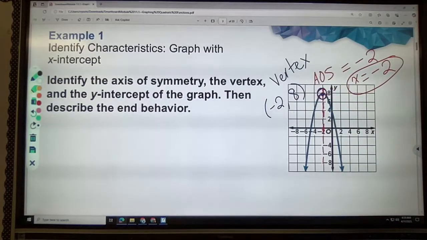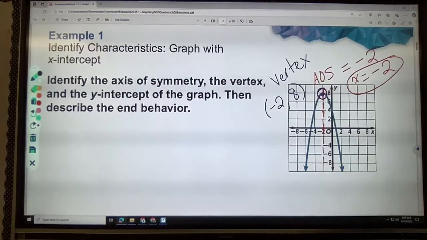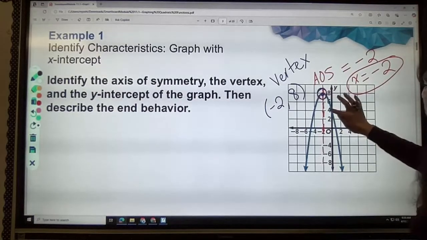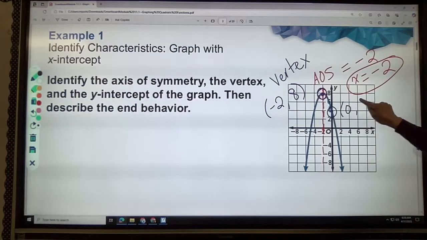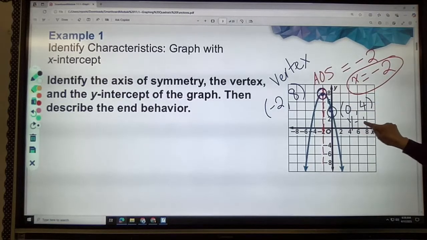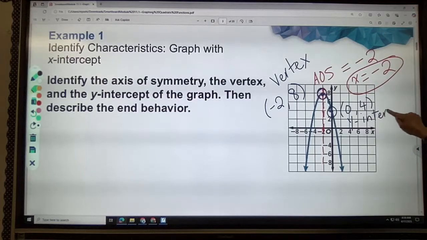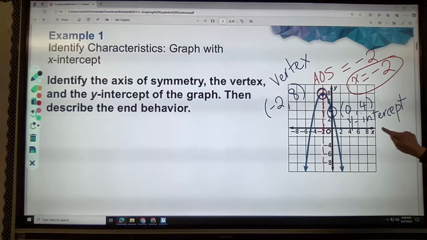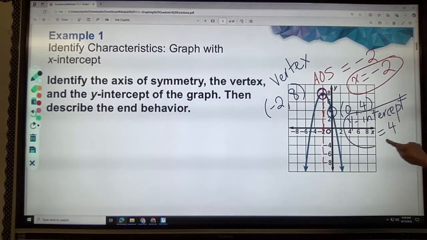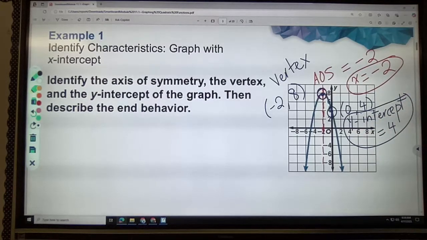Then I'm going to look at where the parabola crosses the y-axis, and where do I see that? Over here. It is crossing the y-axis at (0, 4), so therefore my y-intercept is 4. Then let's look at the end behavior.